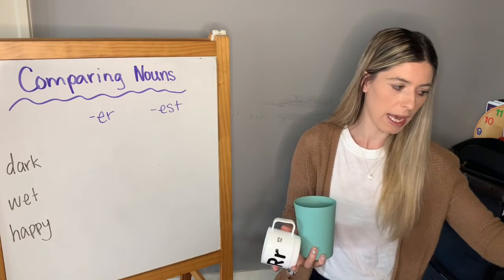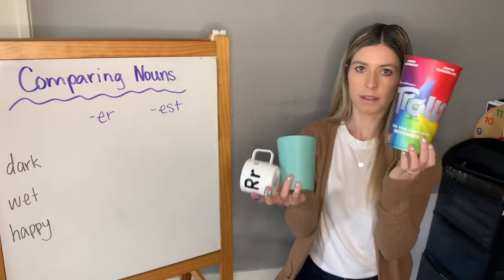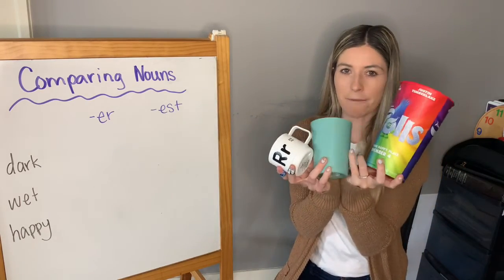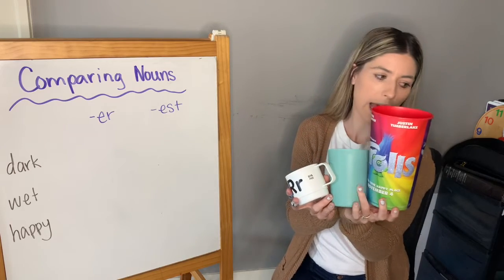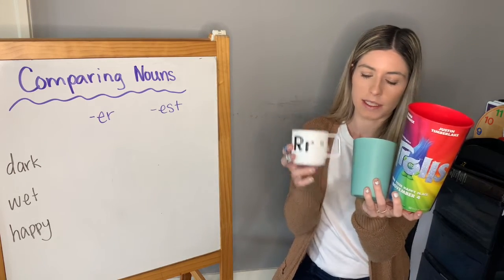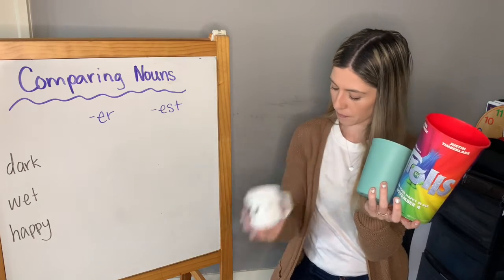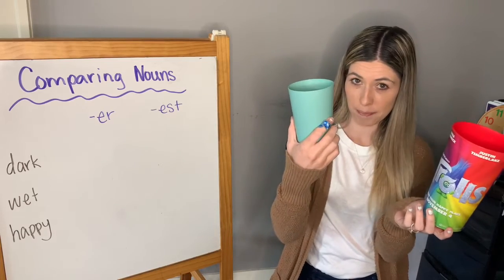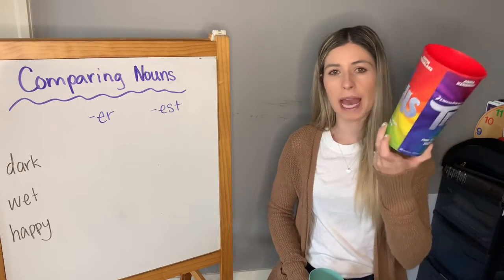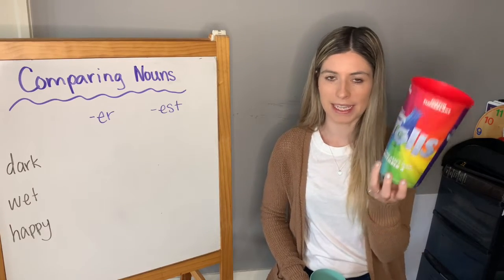But if we add in another cup, now we have three things. It's a little bit different. We'll just say it's a big cup. We have a bigger cup. This one, if we have a third item, it would be the biggest cup.